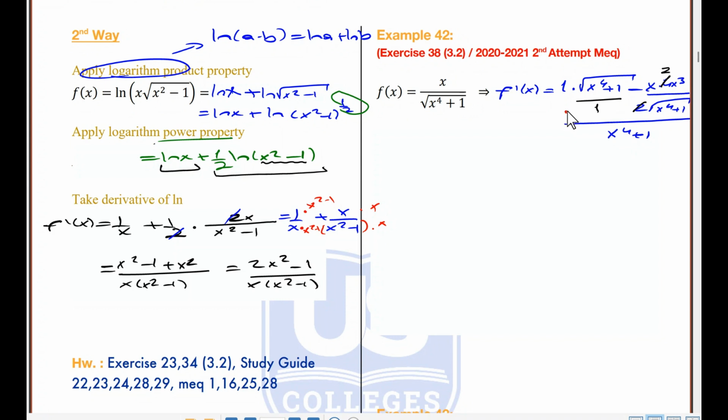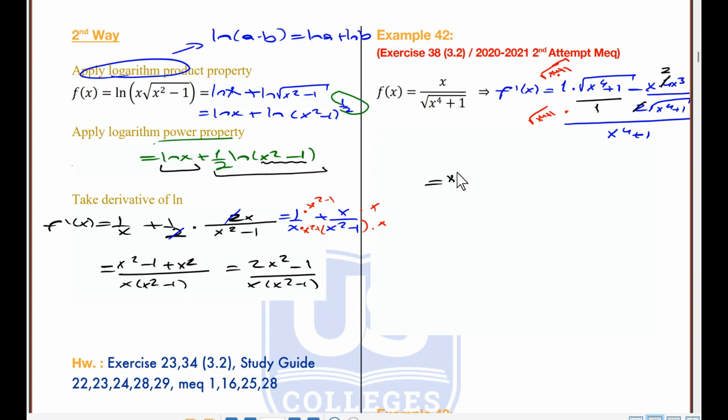So multiply top and bottom by square root of x to the fourth plus 1. So it will be x to the fourth plus 1 times x to the fourth plus 1. No more square root. The square root will be lifted.